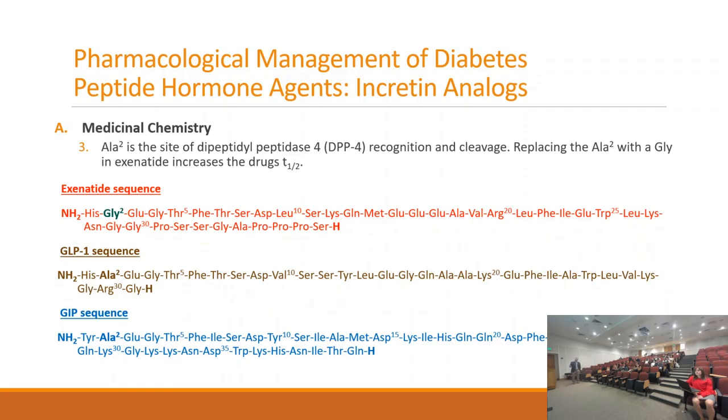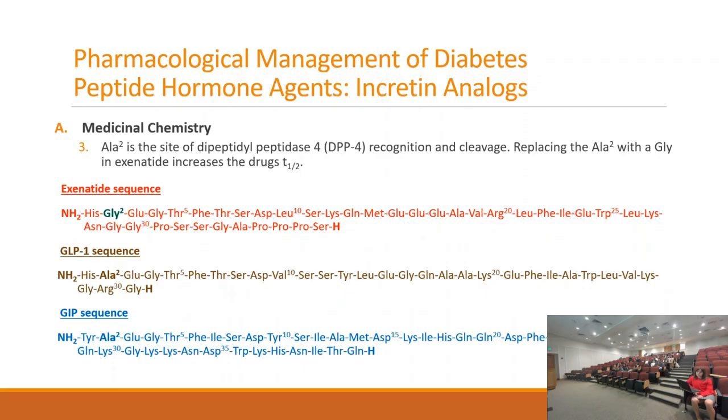So up here, I've added the exenatide amino acid sequence at the top in red. You can see that one of the amino acid residues, this glycine at position 2, is a grayish color. If we compare that to the amino acid in position 2 in the GLP-1 and GIP sequences, we see they're different.